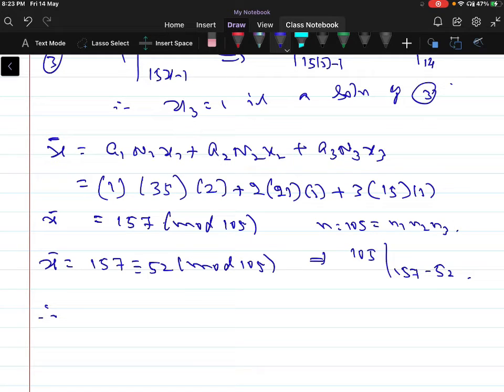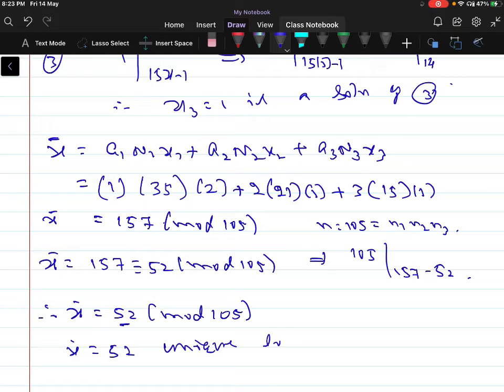Therefore x bar equal to 52 is the unique solution of the given system of equations.